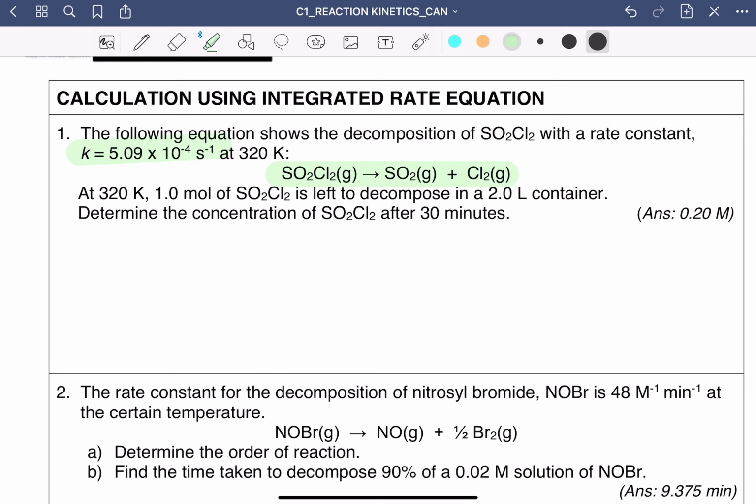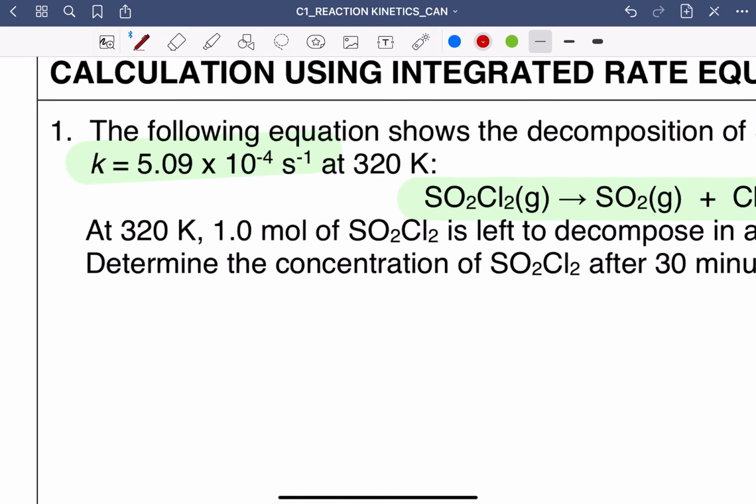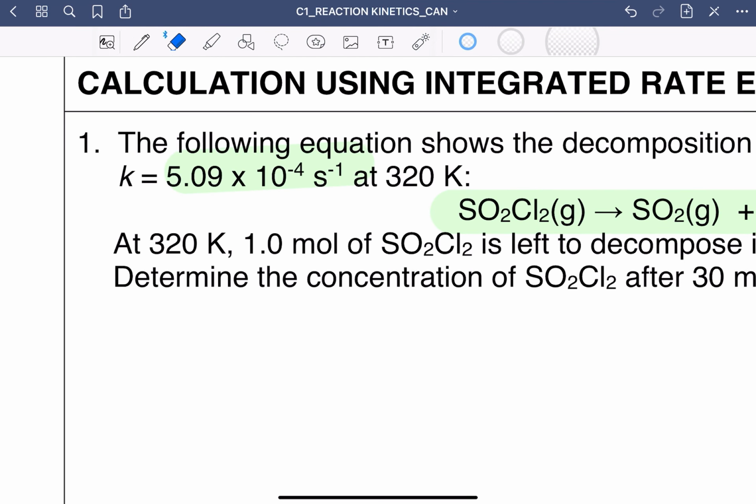So how are we going to solve this question? You might wonder, what is the order for this reaction? It doesn't even mention anything here. So do not panic when you don't have the information about what order it is. Please take a look at the constant.